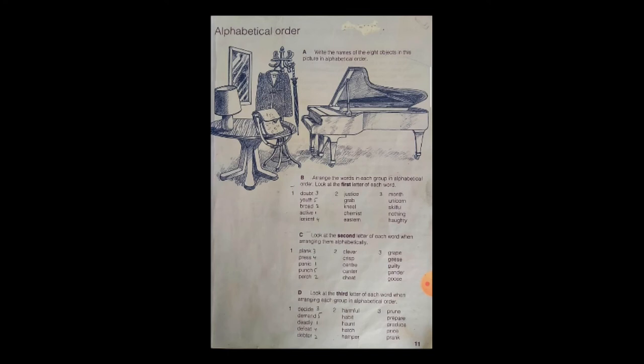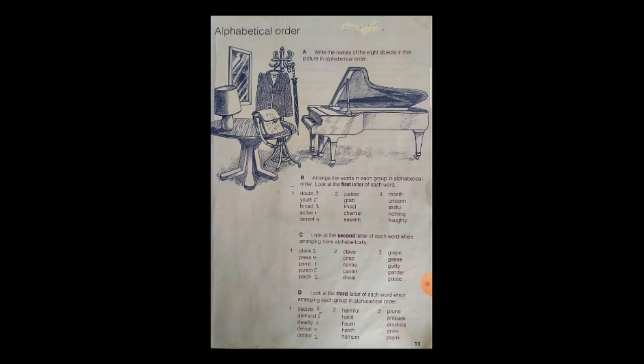Now do exercise D in the book. This exercise is also the same as B and C. We have to arrange these words according to the third letter. The first and second letters are the same. We have words like decide, demand, deadly, defeat and debtor.